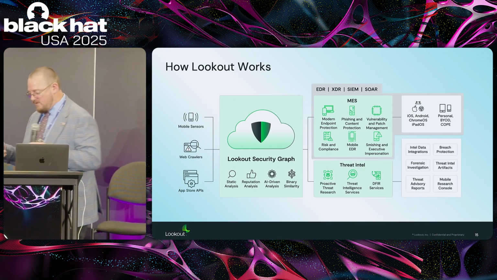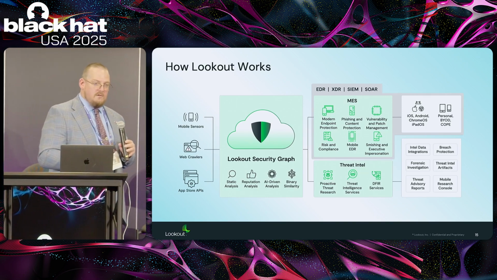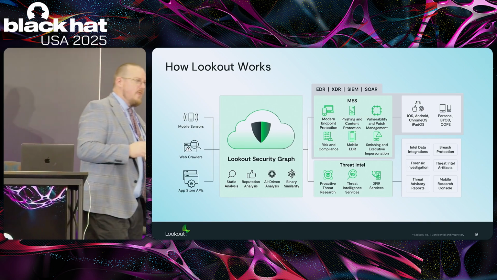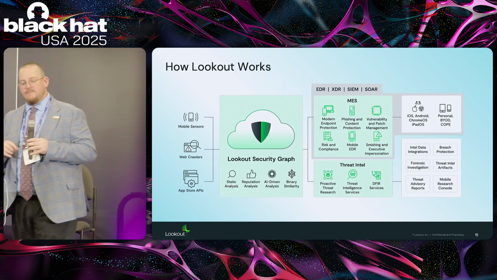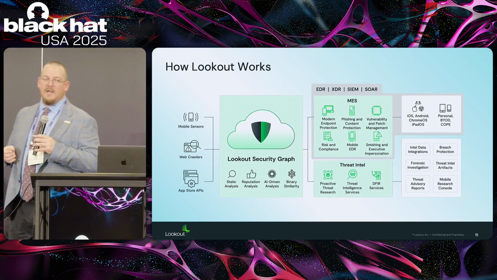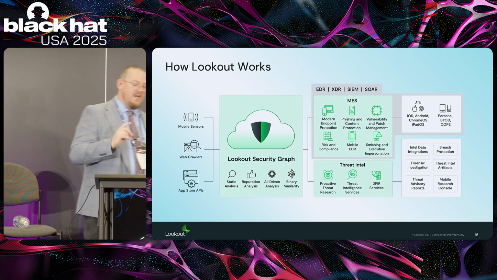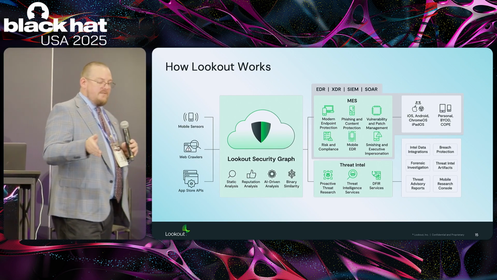We then start looking at static and dynamic analysis. We're looking at reputation analysis, which is how many times has a piece of malware been downloaded? How many times has it been installed? We've got a couple of different AI engines looking at fuzzy logic and binary similarities. All of that drives various detection engines.